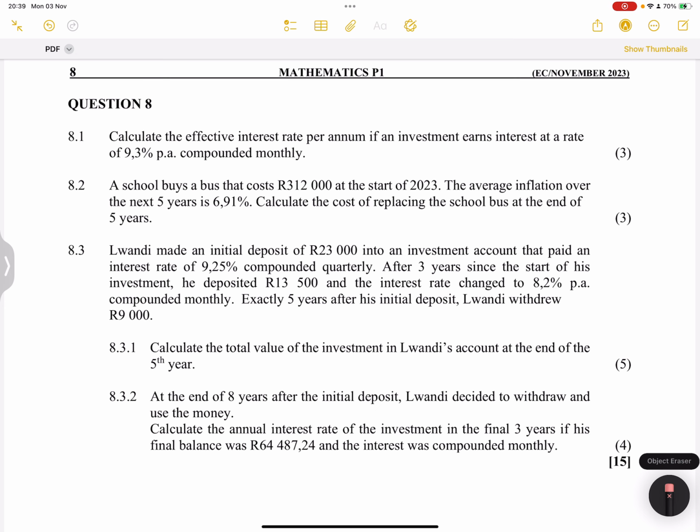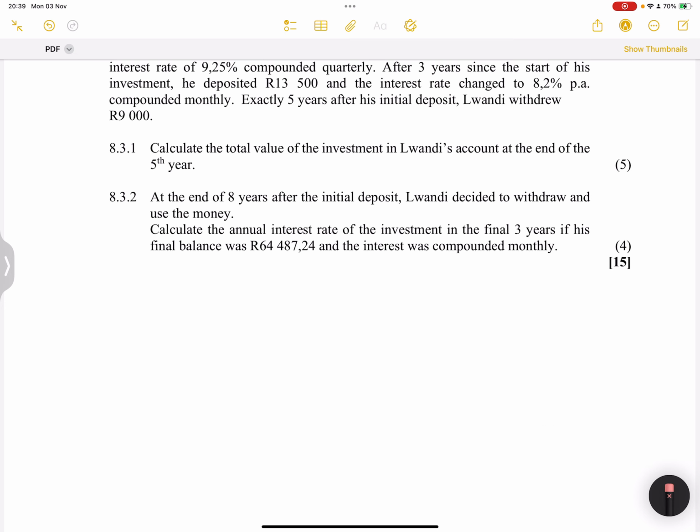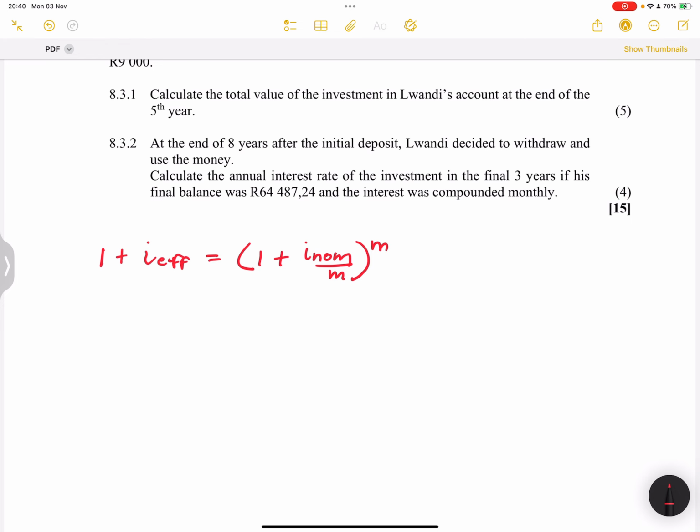Now, please note this is one of your easiest formulas that you've got, and it simply says 1 plus the effective interest rate is equal to 1 plus your nominal interest rate divided by m, right? And this is to the power of m.